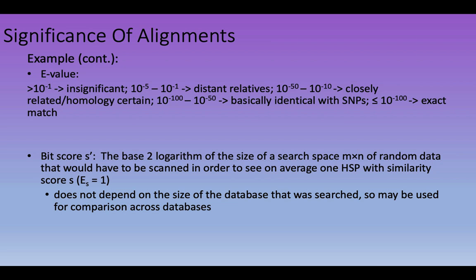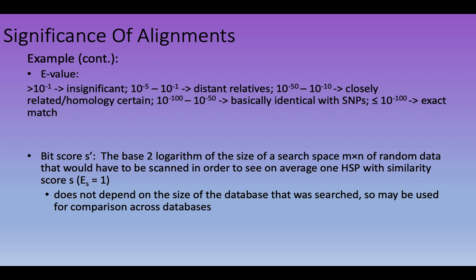It's condensed as a score to make it easier to look at. And so this score does not depend on the size of the database that was actually searched. It's generating how large a theoretical search space you'd have to search just to get back a random example of this.